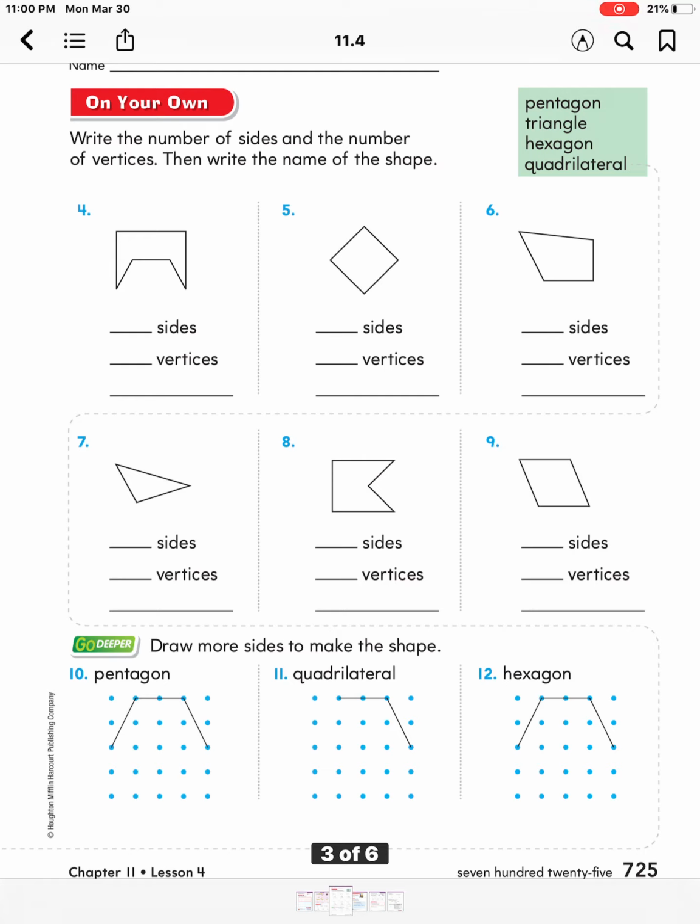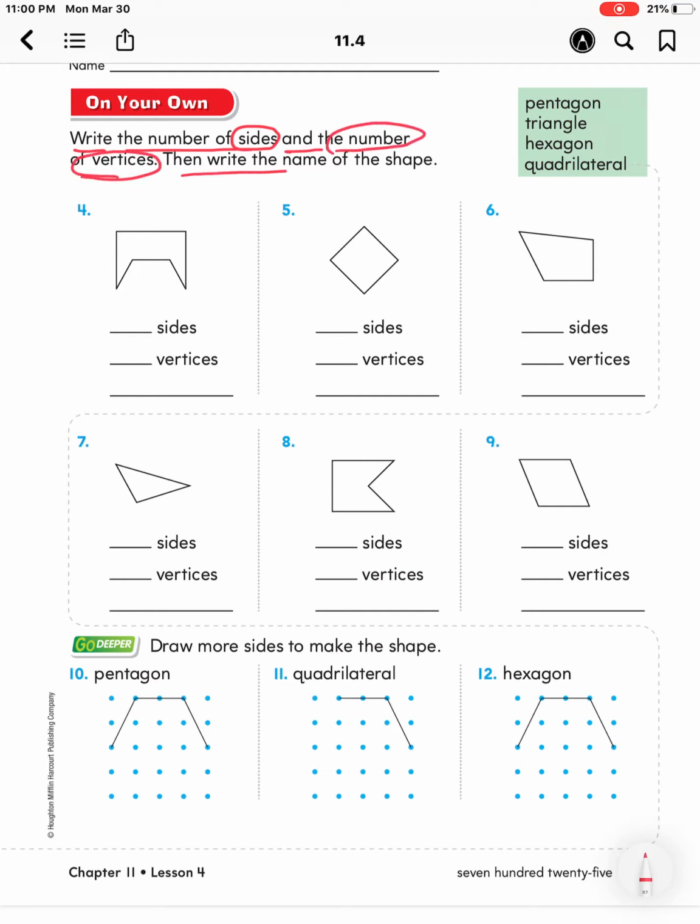So now let's practice more. Use the number of sides and the number of vertices. Then write the name of the shape. Now we have here a box with the words pentagon, triangle, hexagon, and quadrilateral. Okay? And we need to identify the number of sides and vertices of each shape.